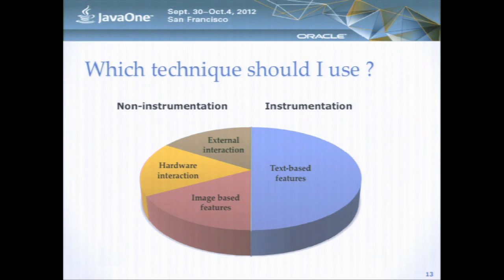But if your app has many features that include images, custom UI, external validation that you have to do, as well as external interaction. For example, we have a feature that requires a user to log into a mobile device, and the user has to validate their identity with an SMS message or an email.